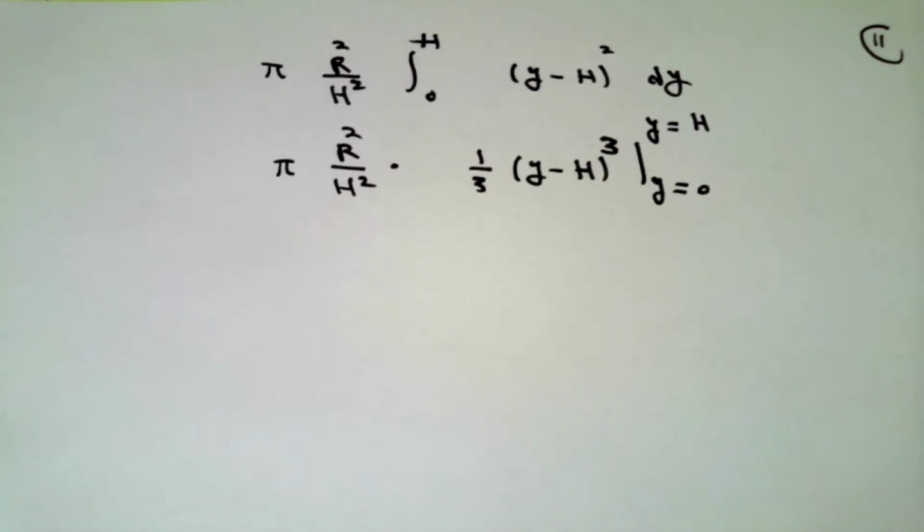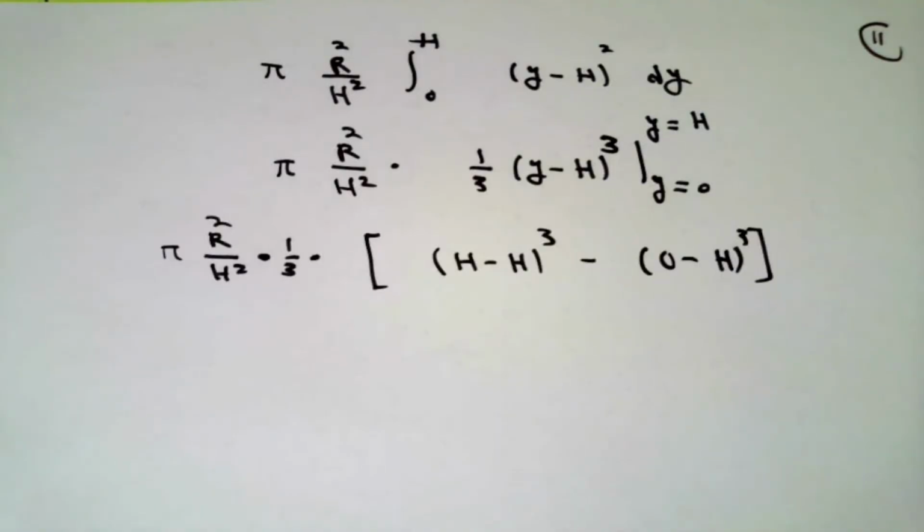Then we have to put y equal h and y equal 0 into that and subtract. h minus h is 0, so I'll disregard that. 0 minus h is the negative of h. I'm going to have 3 factors of that, which would give me 3 negative signs, 2 of which cancel out, the other one of which doesn't. 0 minus the negative of h cubed is h cubed.